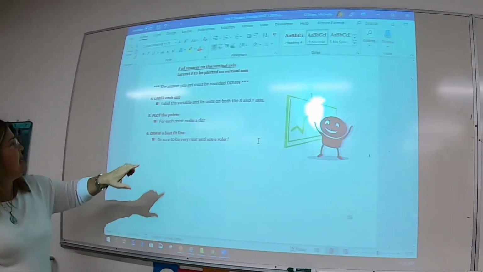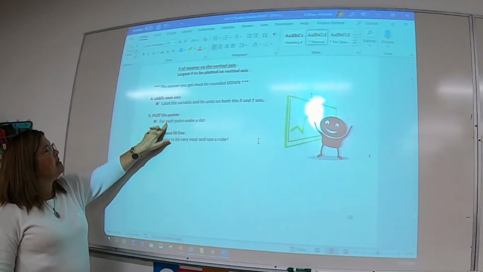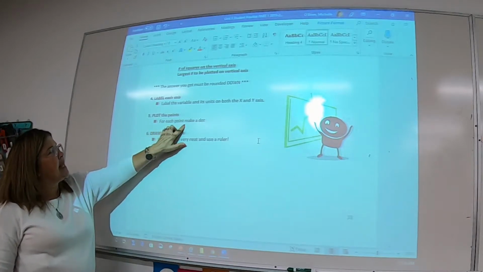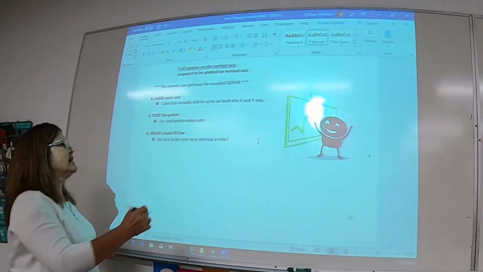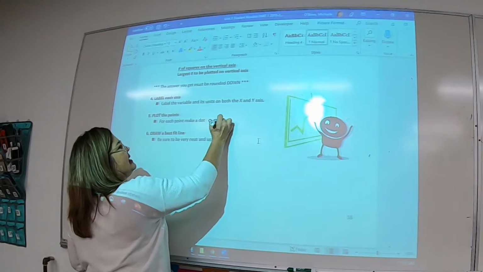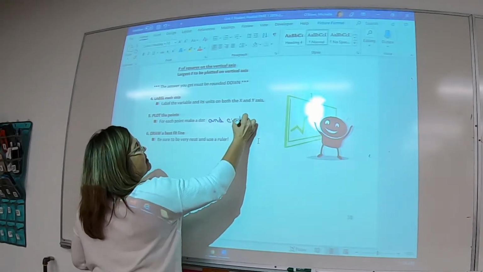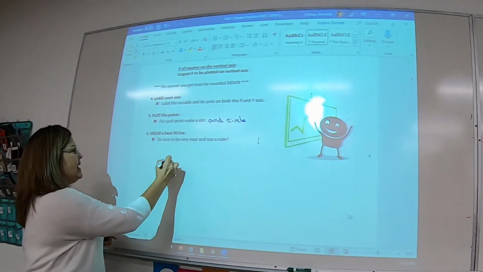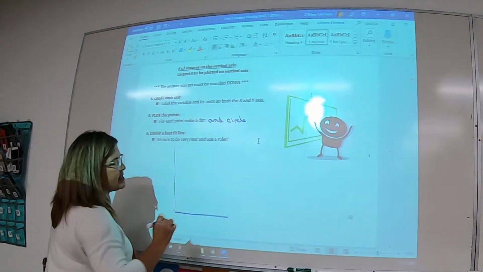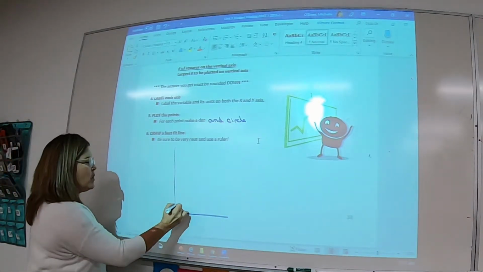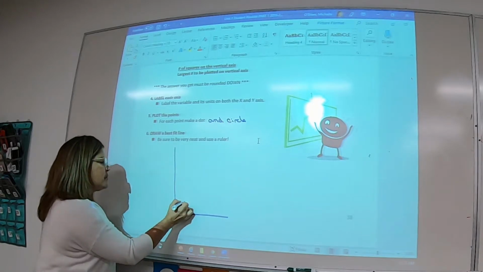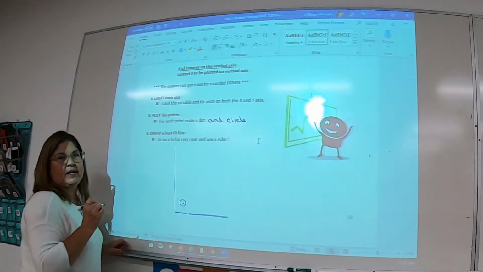Okay. Number 5, we want to plot the points. We want to put a dot and a circle around your points. So again, perhaps this is our axis. If I wanted to plot my point, I would then put a circle around it.